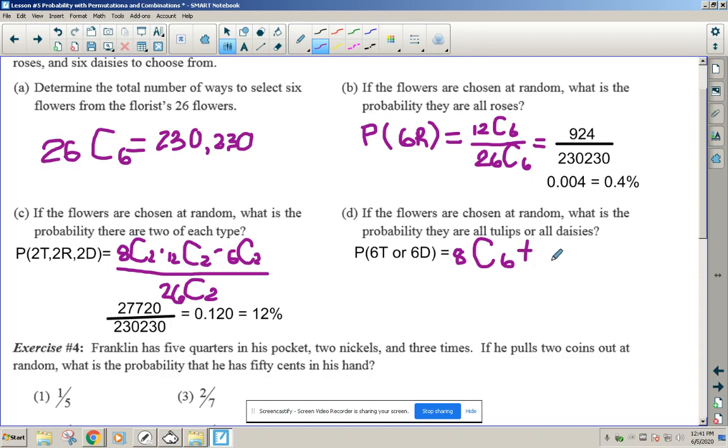Or from my 6 daisies, I am going to choose all 6 of those daisies, and that will bring me back to my 26 flowers where I chose 6. Okay, because you're adding up, and or is adding. And when we add these up, we end up getting only 29 out of 230,230.